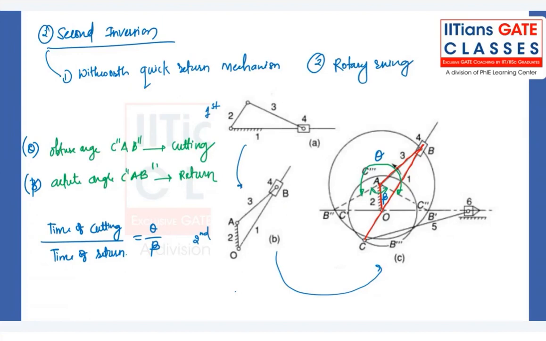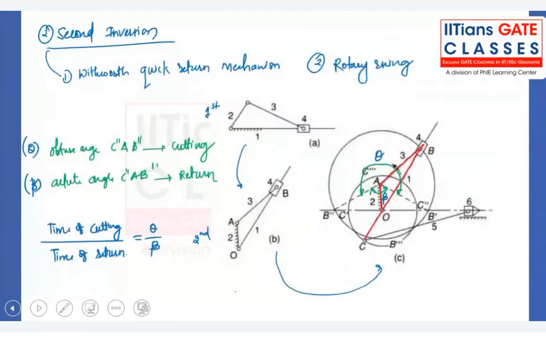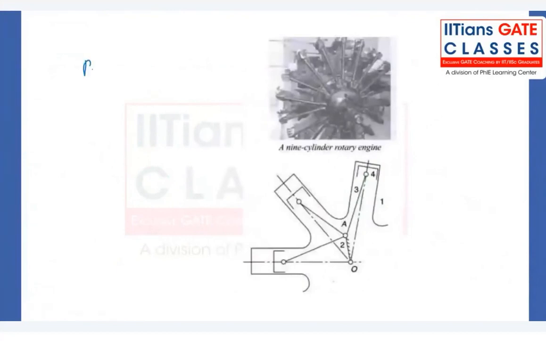Another application of second inversion is the rotary engine. So here you can clearly see, in case of rotary engine, this is a figure. I'll highlight the mechanism here. Link number 2 is fixed. This is link number 3.